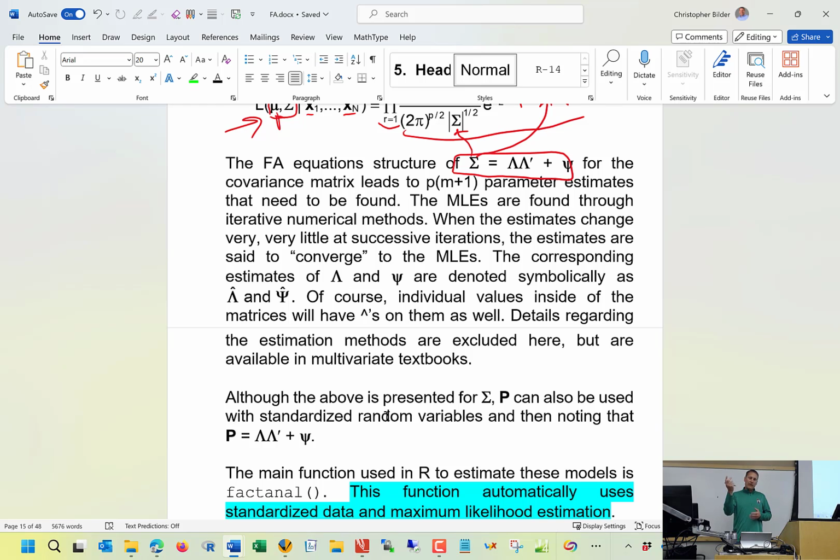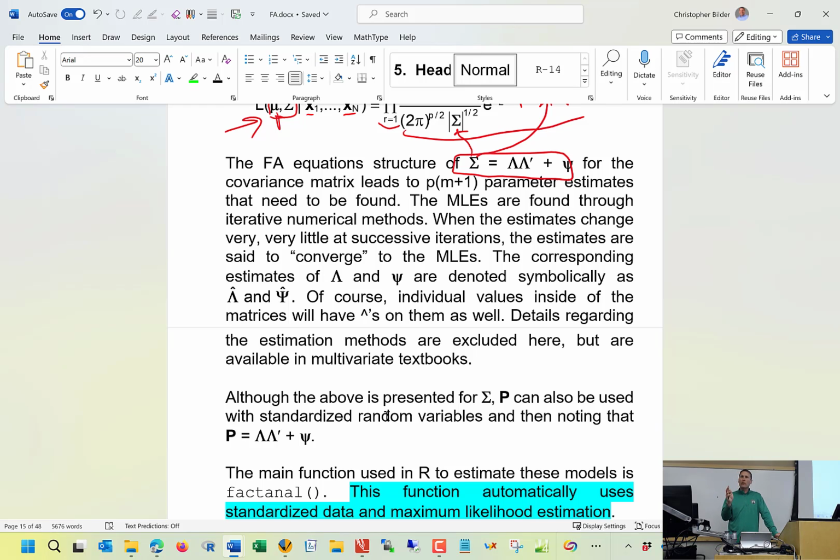And then I'm going to compare these lambdas and psis to what I originally started with. If they are extremely close to one another, then I'm going to say I must have found where that likelihood function has been maximized, and now I'm going to use those as my estimates.